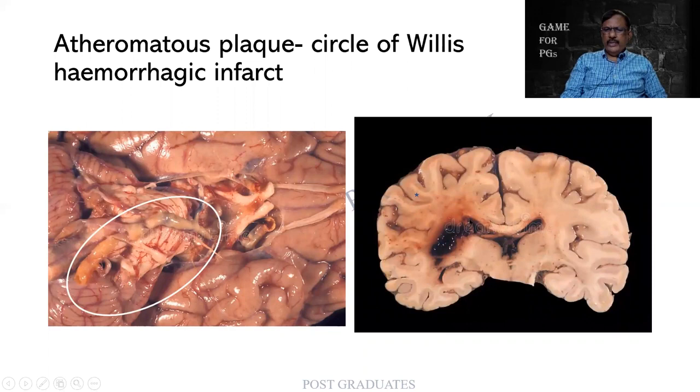Or sometimes you find that there is a hemorrhage and also the surrounding tissue. I do not know whether it is normal or abnormal. It can be going in for an infarct, a hemorrhagic infarct. I am showing you the various lesions. 1 is a meningitis, 2 is an atheromatous plaque, 3 is a hemorrhagic infarct.